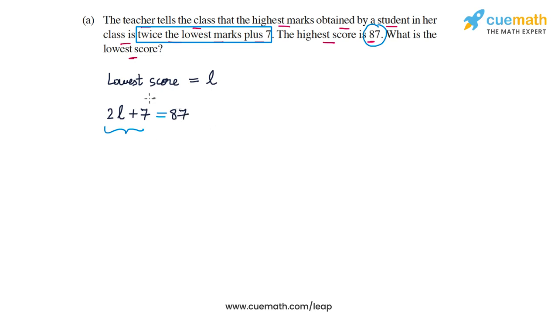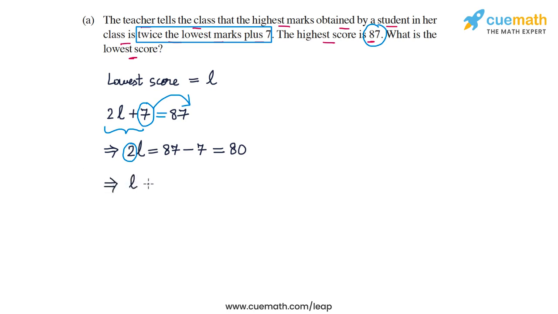Now to solve it, we can take this 7 and transpose it to the right side. So we will get 2L is equal to 87 minus 7, which is equal to 80. So 2L is equal to 80, and now we need to get rid of this 2. So we can divide both sides of the equation by 2.